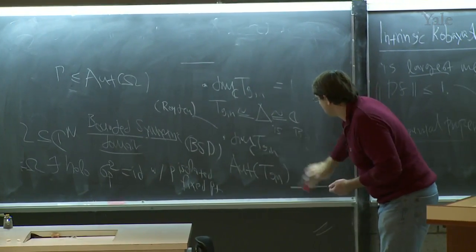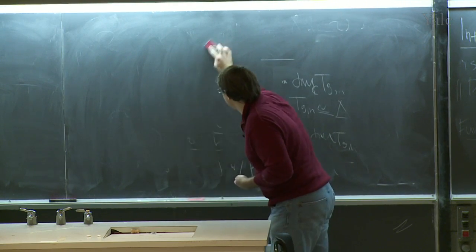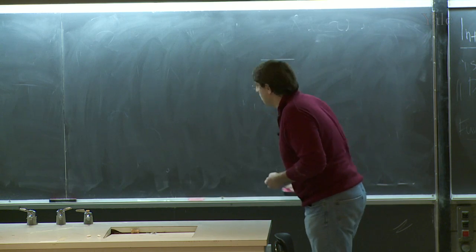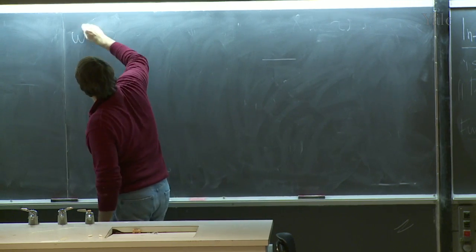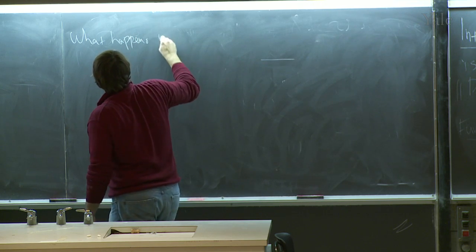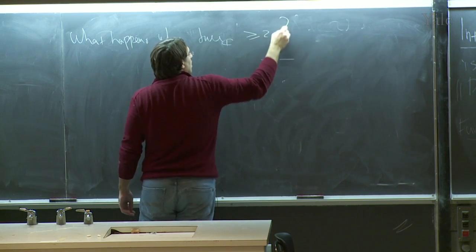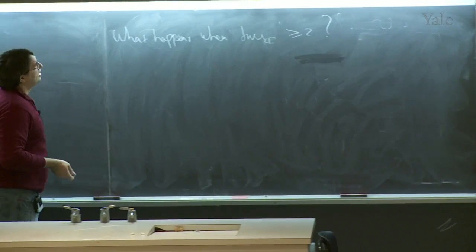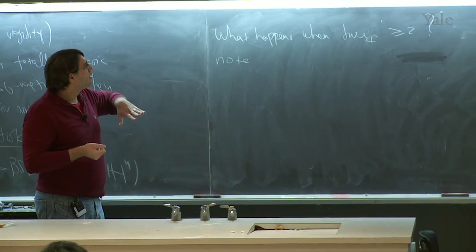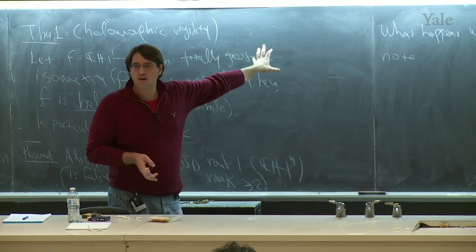Okay, so that settles what happens in dimension 1. So the next question is what happens when the dimensions are at least 2. And let me just start by noting that there are many holomorphic isometries between, well, for now I will just restrict to considering holomorphic isometries.